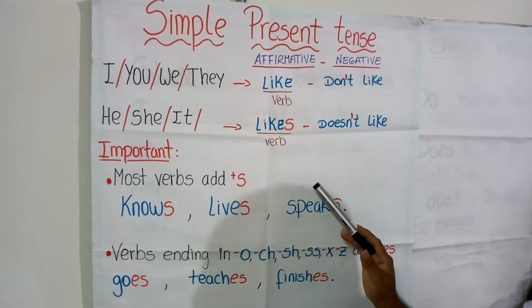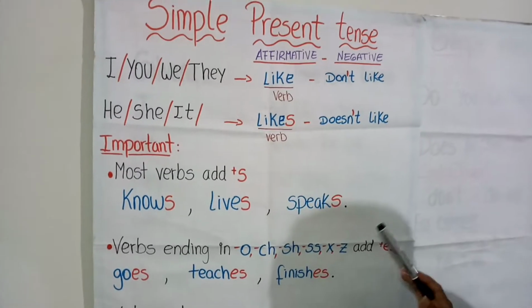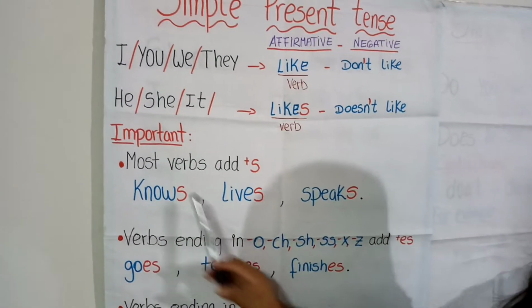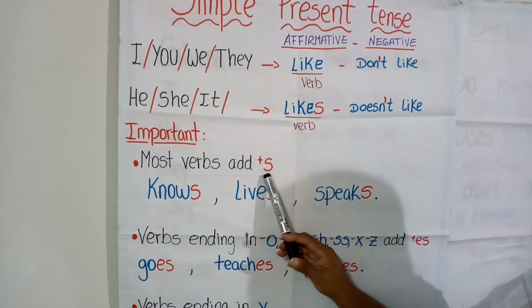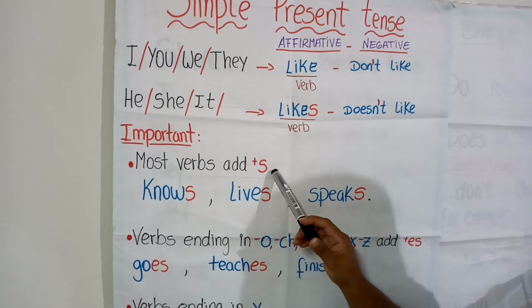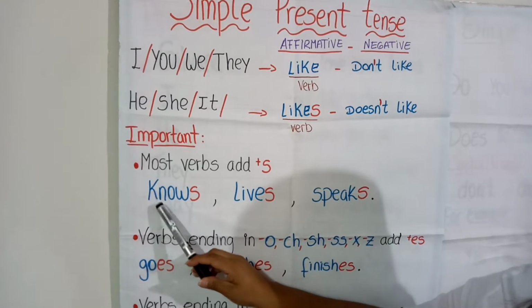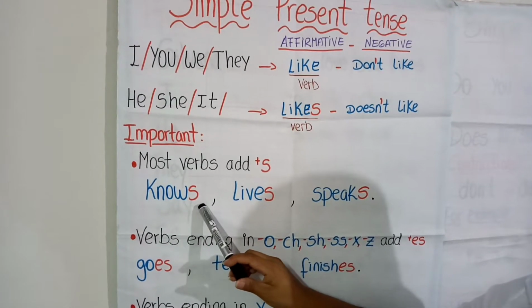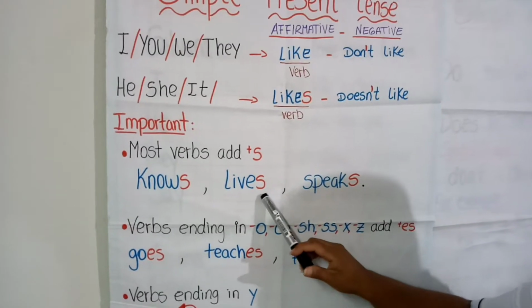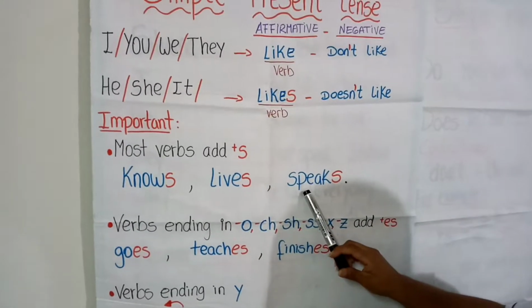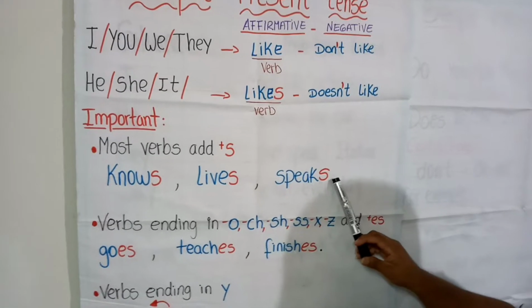Okay, but here we have some other important rules. For example, most of the verbs are added with S. For example, know, it's knows, live with S, lives, speak with S, speaks.